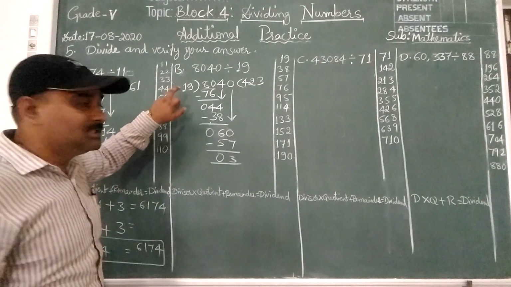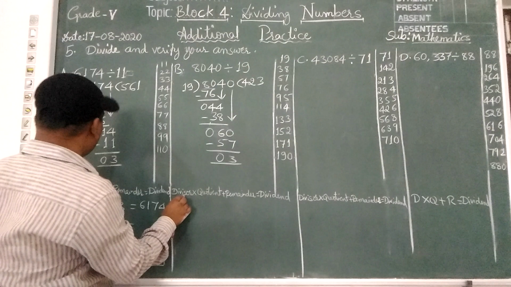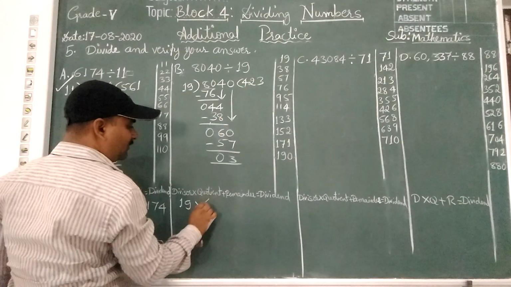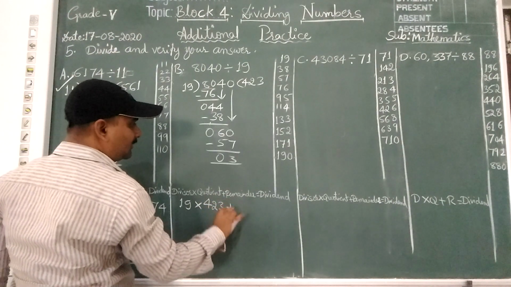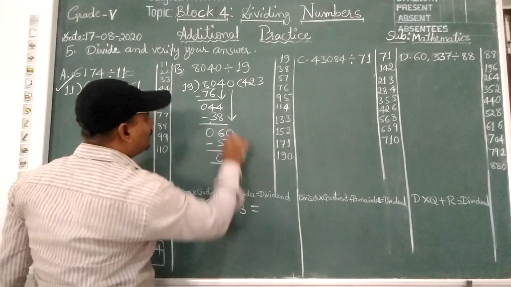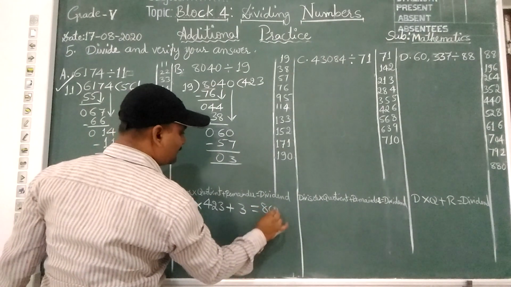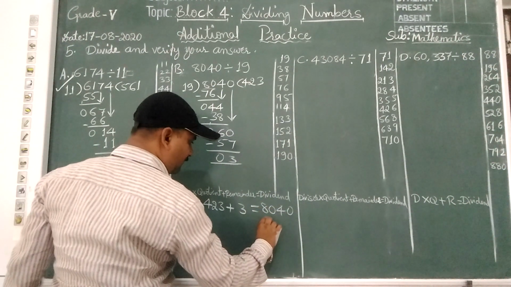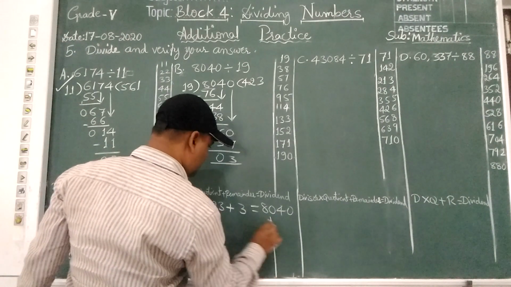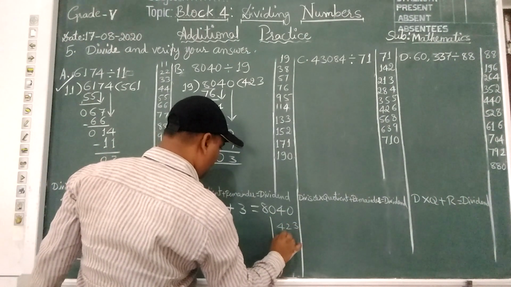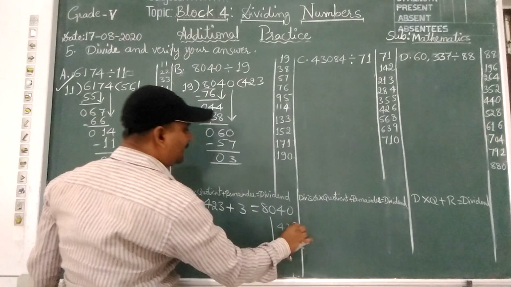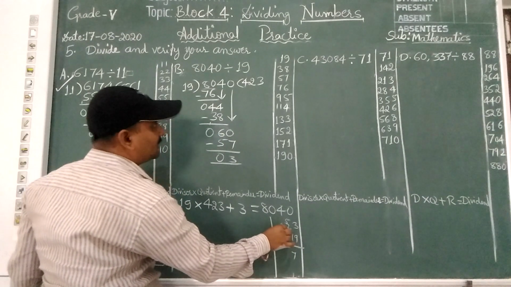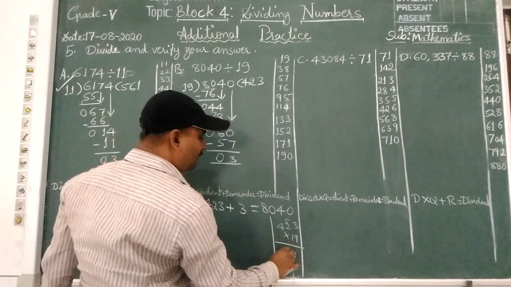So what you got? Divisor as 19. Quotient we just got is 423. I should add remainder 3 to get 8040. If you want, you can use rough work here, children. That is 423 into 19. 19 threes are 57. Carry 5. 19 twos are 38 plus 5 is 43.